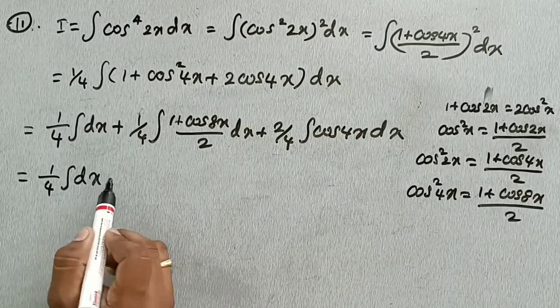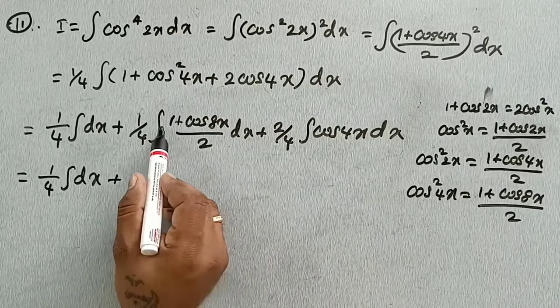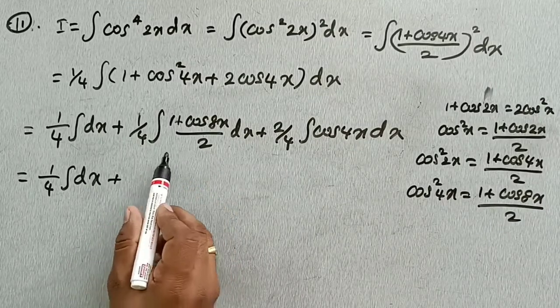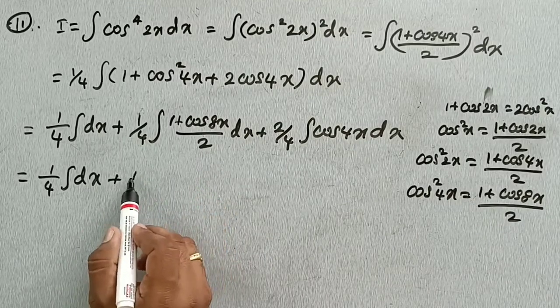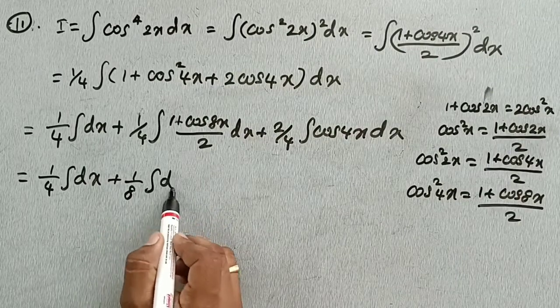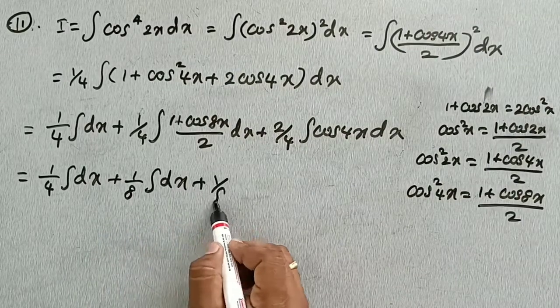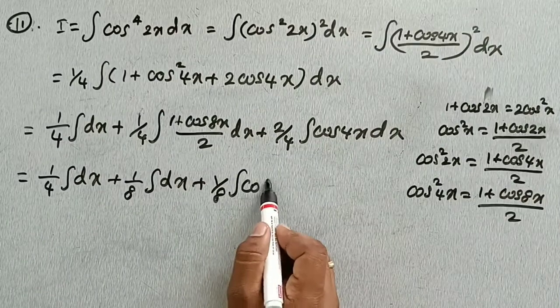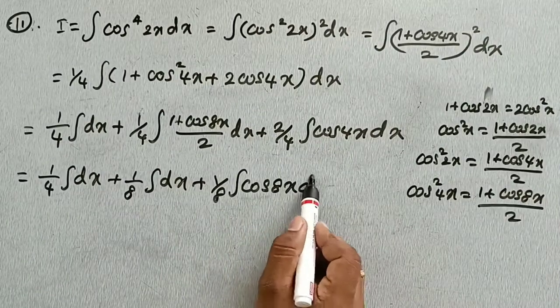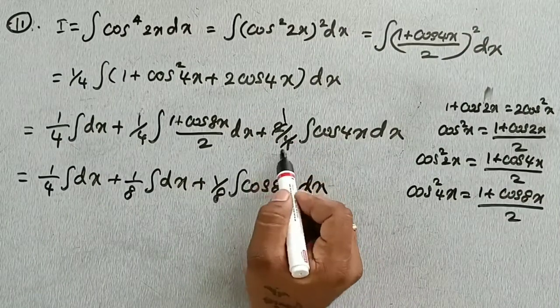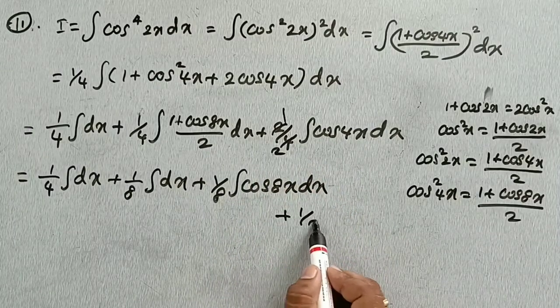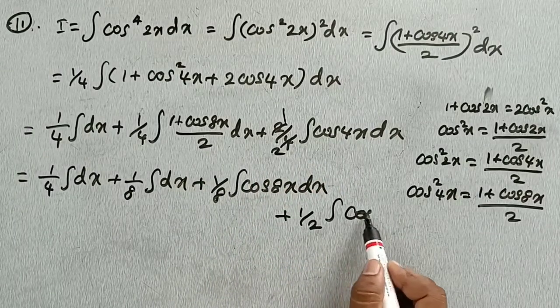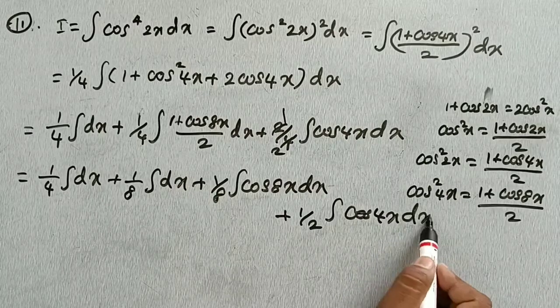So 1 by 4 into integral dx plus, separating that, we will get 1 by 4 times 1 by 2 available. So 1 by 8 into integral dx plus 1 by 8 into integral cos 8x dx. You can cancel this, so we will get 1 by 2 times integral cos 4x dx.